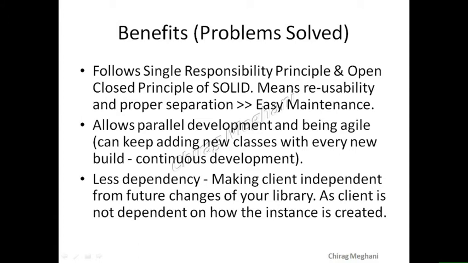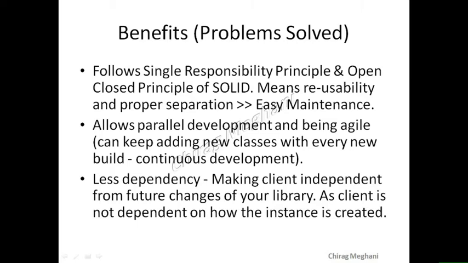Yeah, that we have also discussed. And it allows being agile. That means if we are releasing every week a new functionality, we can keep on adding classes and release it. So every week we can have a new release, and that's how agile goes. So we can follow agile without changing our code structure, and it will be easy.